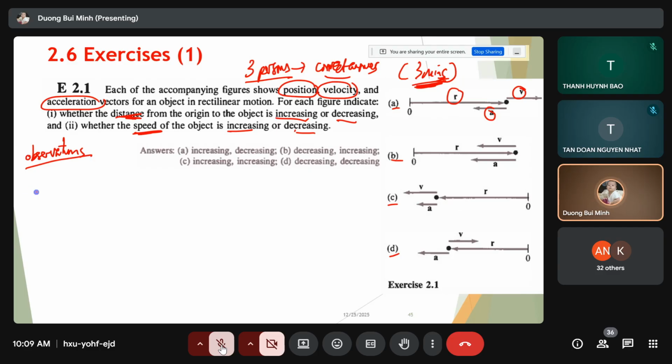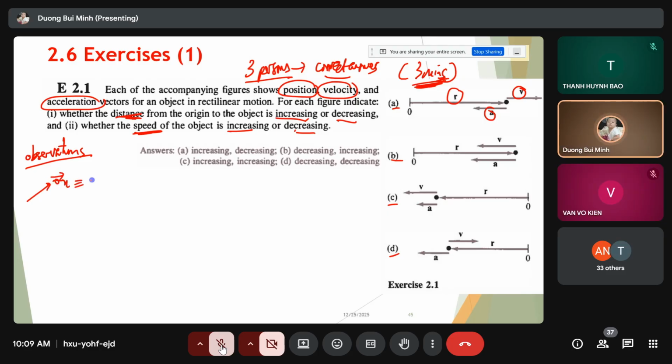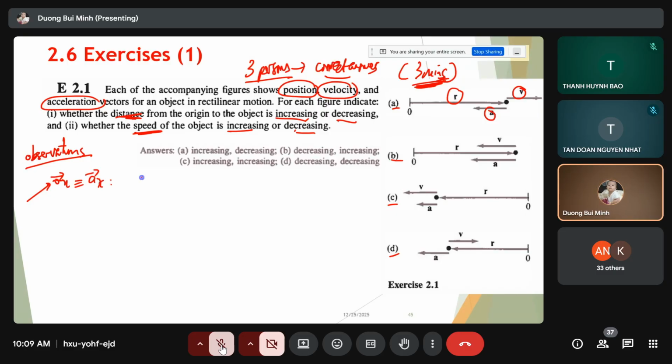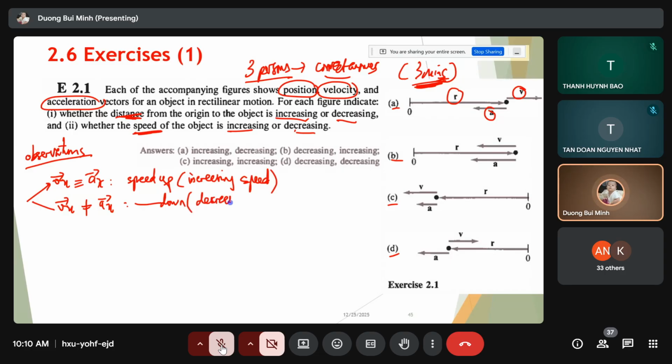If Vx is similar to Ax, in the same direction, you get speed up, or we can say increasing speed. If Vx is different from Ax, I mean a different direction, we have speed down, or we say decreasing speed.